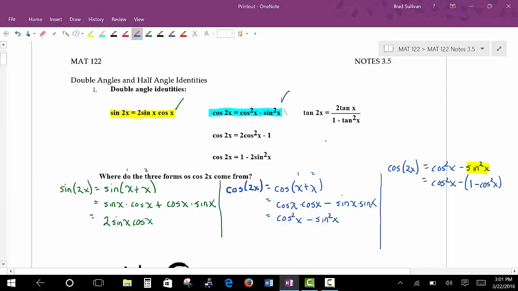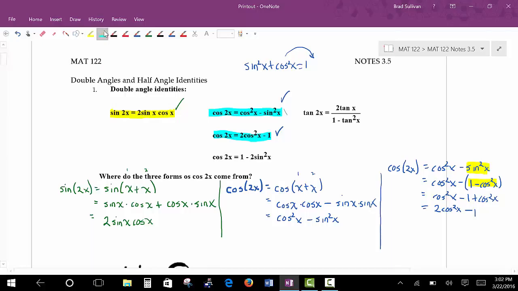That's just taking the identity sine squared x plus cosine squared x equals 1 and solving for the sine squared. If I work out the details on this, I get cosine squared x minus 1 plus cosine squared x, and that gives 2 cosine squared x minus 1. So that gives that second form of the identity.